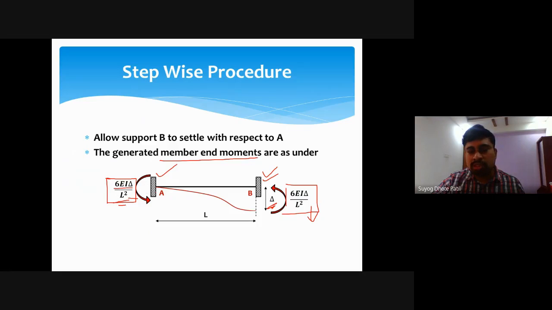Because there is no load and both ends are fixed, there is symmetry, so the member end moments are similar: 6EIΔ/L² and 6EIΔ/L². So member end moments will be like this.